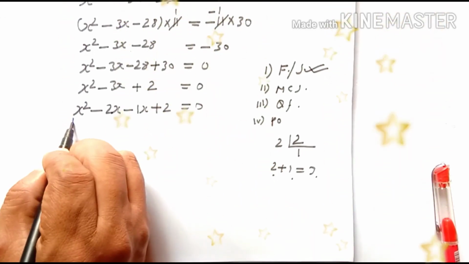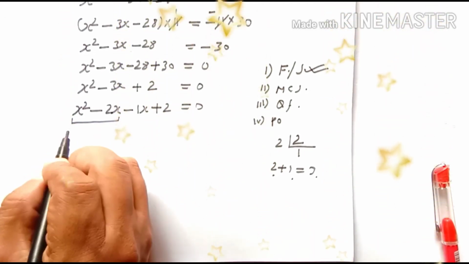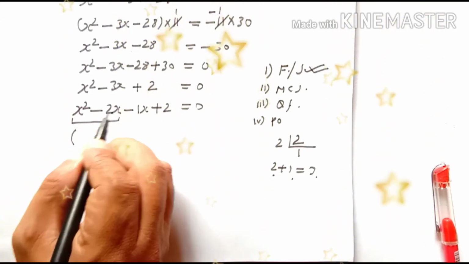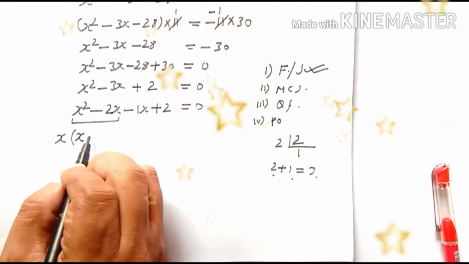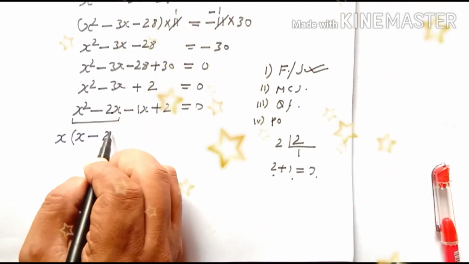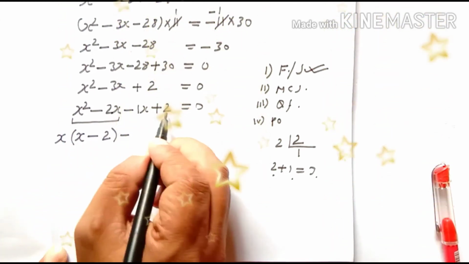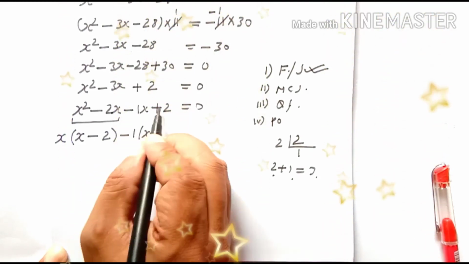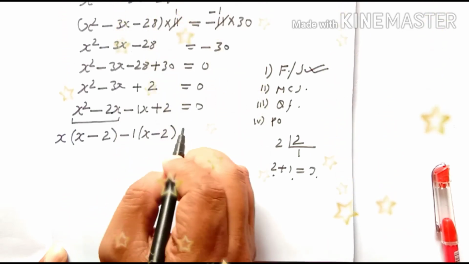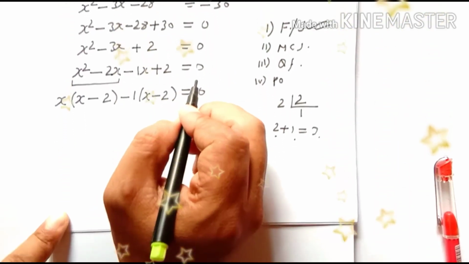Now from the first two terms, you'll have to take the common. Both have a variable x, so we take x common, so there will be one more x minus 2. Minus 1 and 2 are divisible by 1. After that, x minus plus will be minus 2, we can close, equals 0.